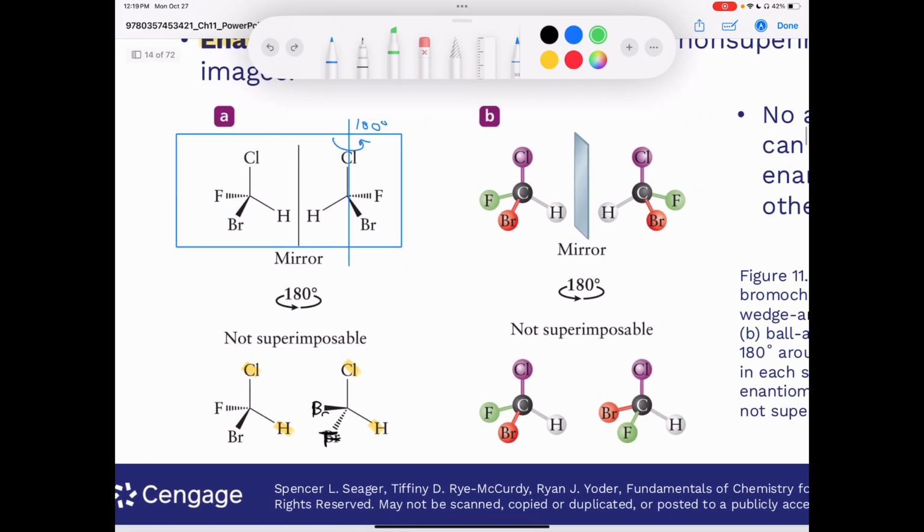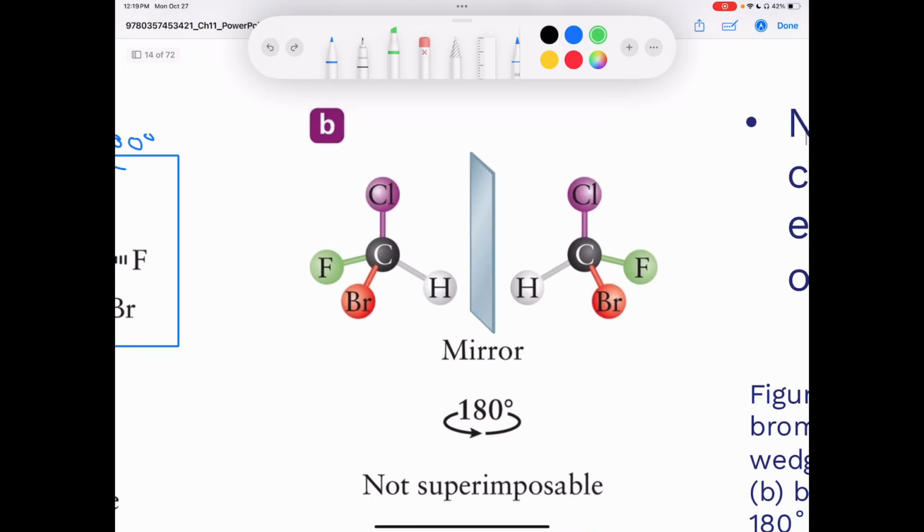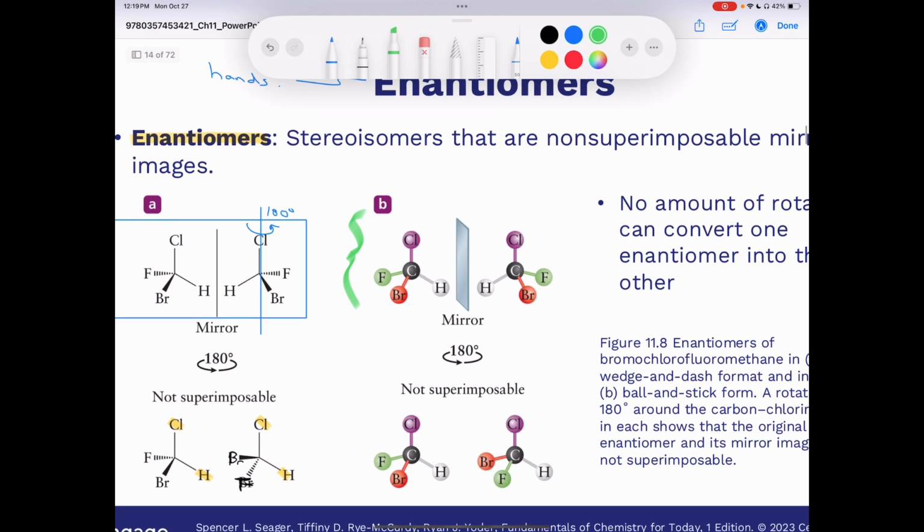You can also see that with this ball and stick diagram. You can see that these 2 molecules of bromochlorofluoromethane are mirror images of each other. However, if you take this one, there's no mistake here, and you rotate it 180 degrees, so you flip it over, it's going to look like this.